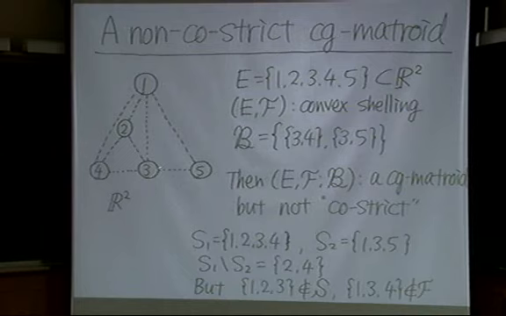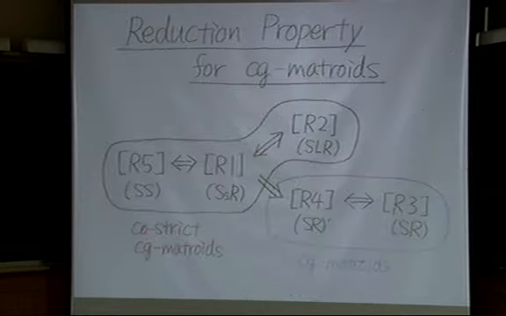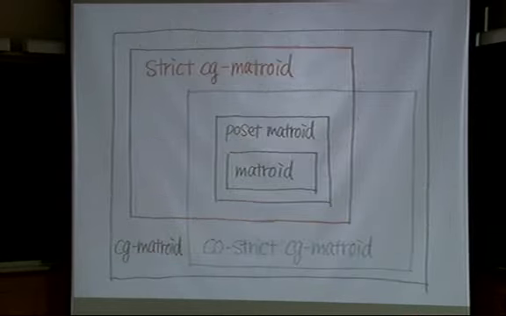Then this is indeed a subclass of CG matroids. We can consider some examples of non-strict CG matroids. And similarly, three of the 5 properties characterize co-strict CG matroids, and the other 2 characterize ordinary CG matroids. So this is also a subfamily of CG matroids. And indeed, these 2 subclasses contain POSTECH matroids and ordinary matroids.